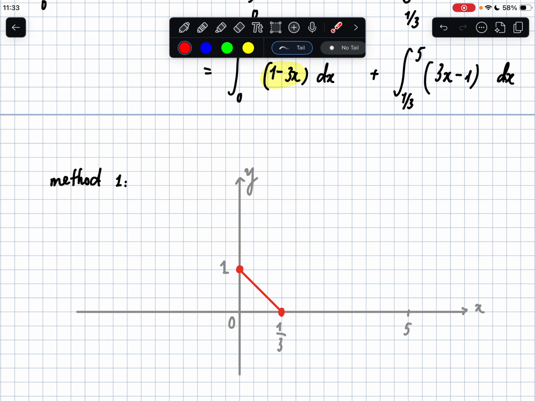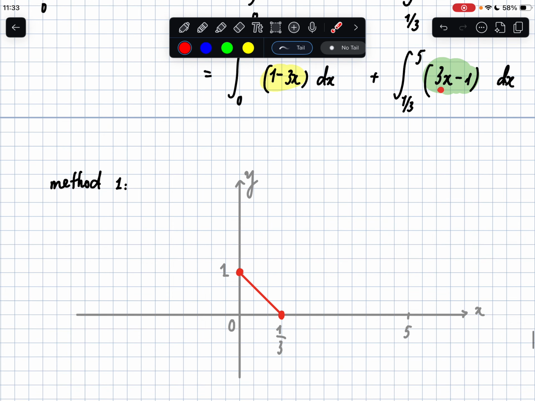For the second one, 3x minus 1. First of all, it's passing through this point, x equal to 1/3: 3 times 1/3 minus 1, 1 minus 1, 0. Second point, I could just let x equal to 5. 3 times 5 minus 1 is 14.